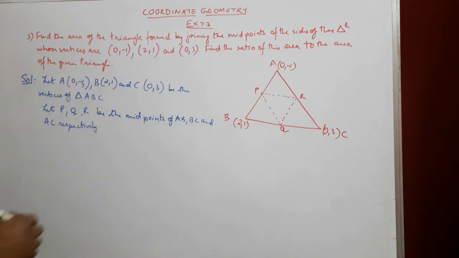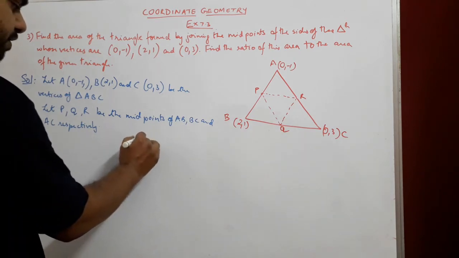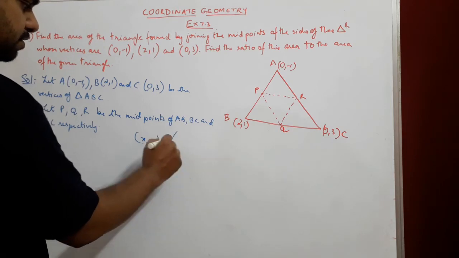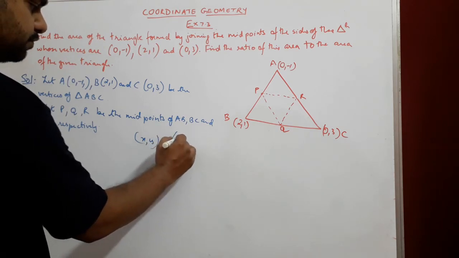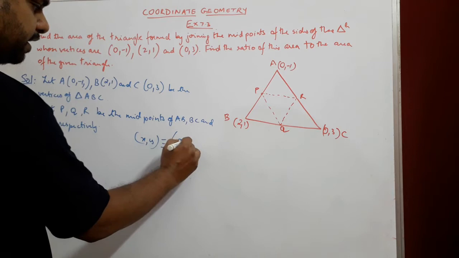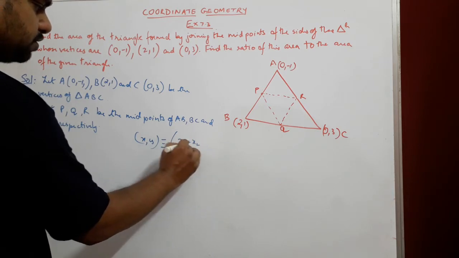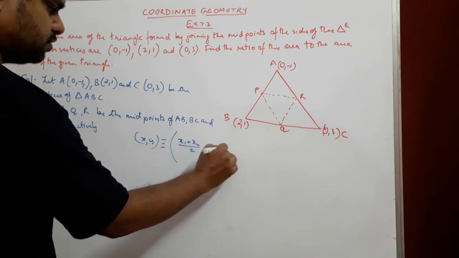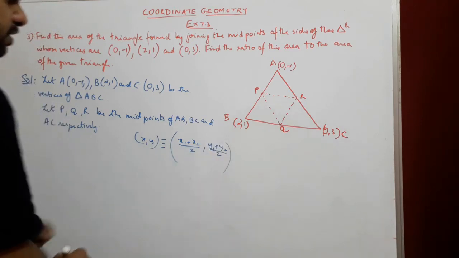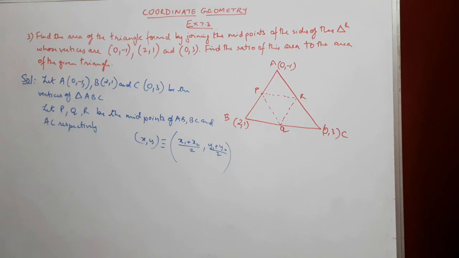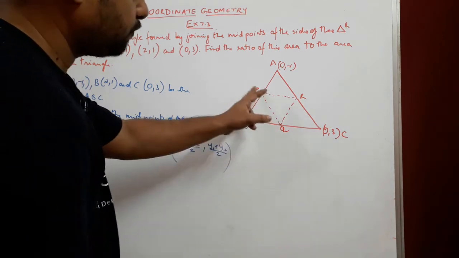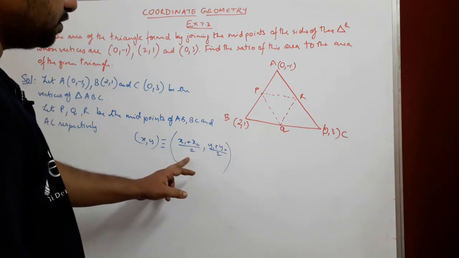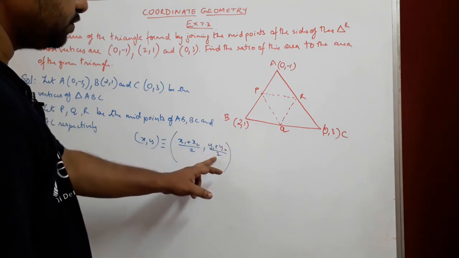What is the midpoint formula? As per the midpoint formula, we find (x, y) this way. So that would be (x1 plus x2 upon 2, y1 plus y2 upon 2). That is the midpoint formula. To find the coordinates of the midpoint, we have x1 plus x2 upon 2, y1 plus y2 upon 2.